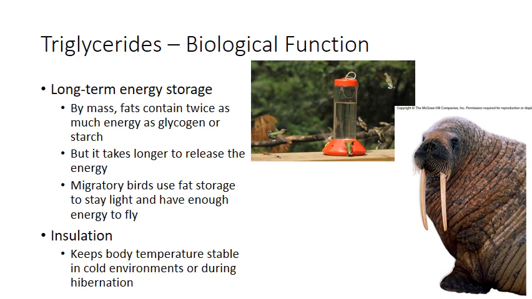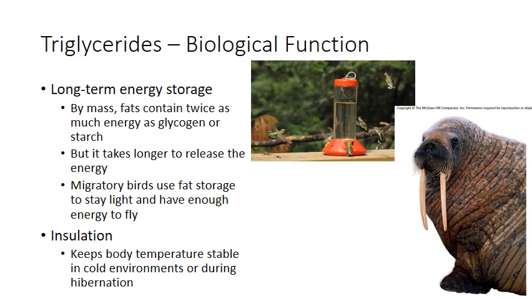So fats actually contain a lot more energy than glycogen does, which is a type of carbohydrate that we talked about earlier, that we see if you eat meat and you eat a mussel, that's going to be full of glycogen. So for 1 gram, fat has a lot more energy than 1 gram of glycogen, but it takes longer to release that energy. So you wouldn't want it if you're just walking around throughout the day, or you have to sprint all of a sudden. That's not a good use for fat, but it is a good use for glycogen.